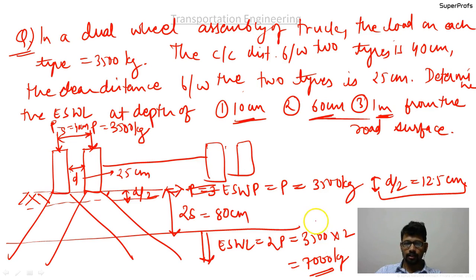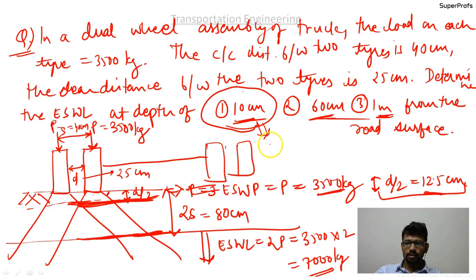We are now left with the calculation for the equivalent single wheel load between 12.5 centimeters and 80 centimeters. You see up to 12.5 centimeters it is 3500 kg. That means at 10 centimeter the equivalent single wheel load is equal to 3500 kg. From here it is clear. At 60 centimeter it is not known to us because we have not calculated the logarithmic variation between these two, which we will do right now.